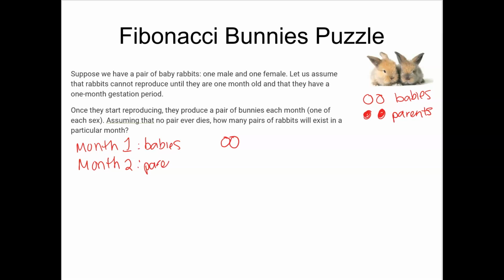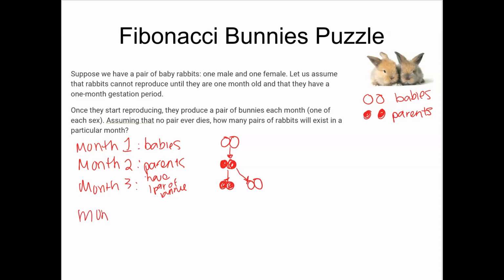They could become parents. They're not actually parents yet, but they're mature. Now in month 3, they start reproducing. They have 1 pair of bunnies. So month 3, they still exist, right? But they produce another pair of bunnies.